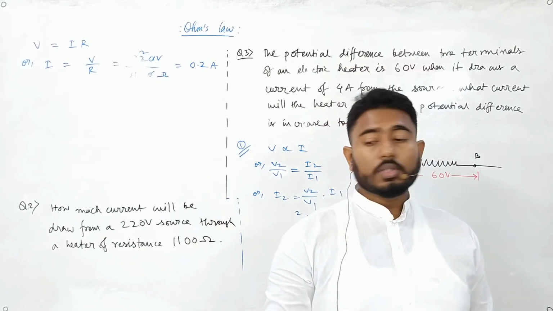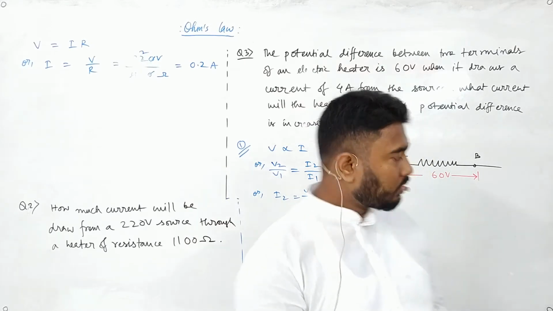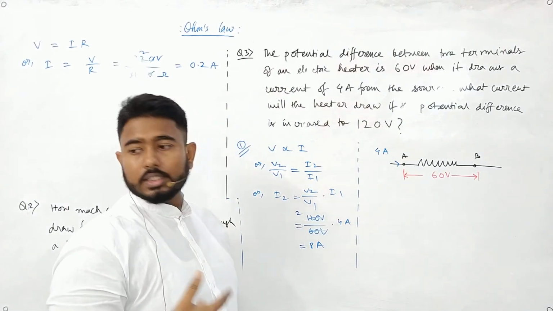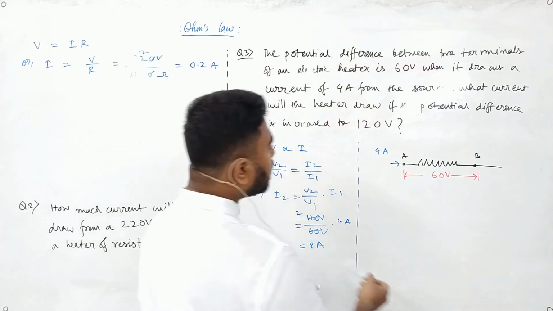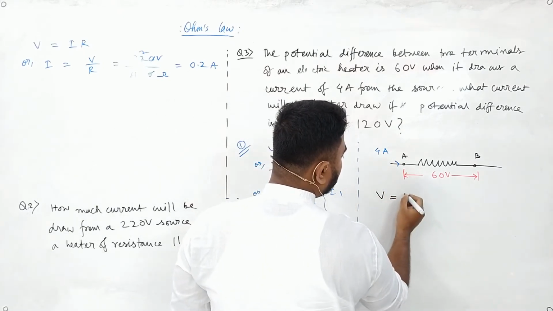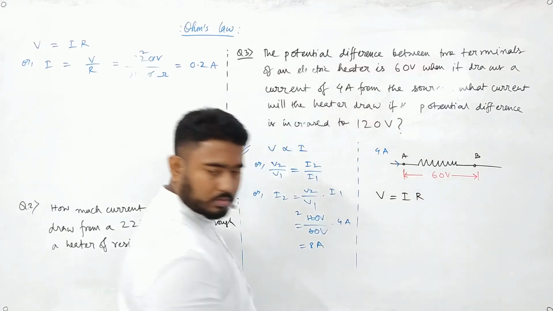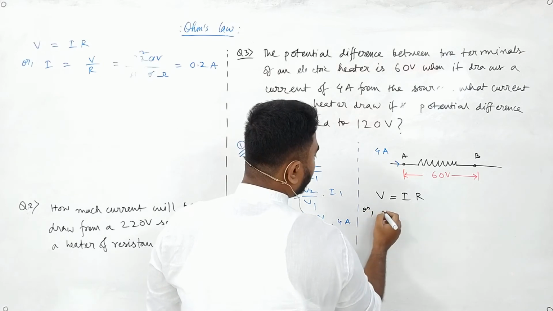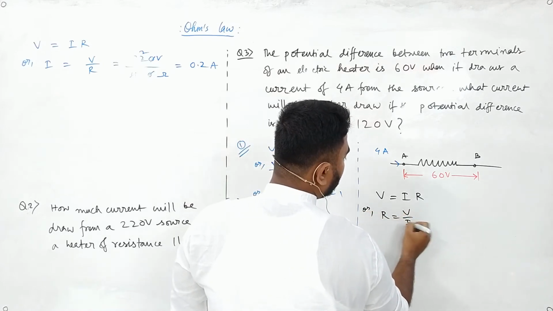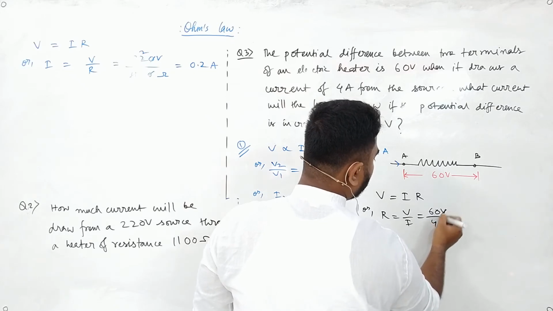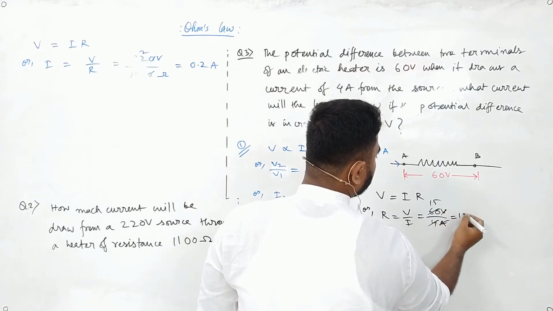That means its voltage is 60 volt, and we can say that V equals I times R. So we can find out the resistance as V by I, that will be equal to 60 volt by 4 ampere. This is 15 ohm.